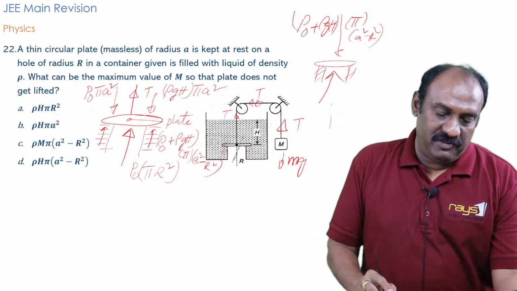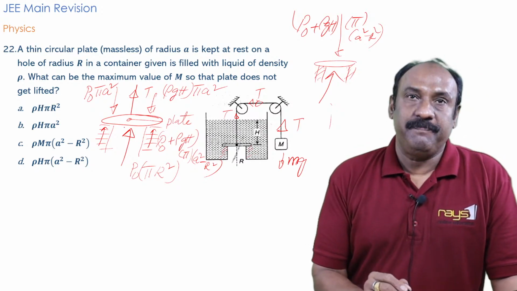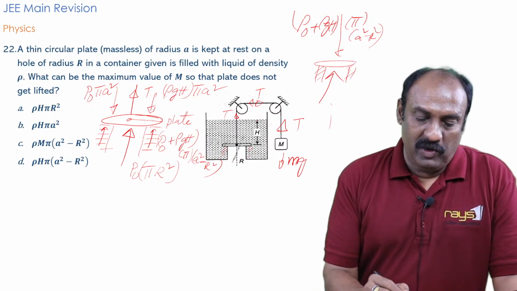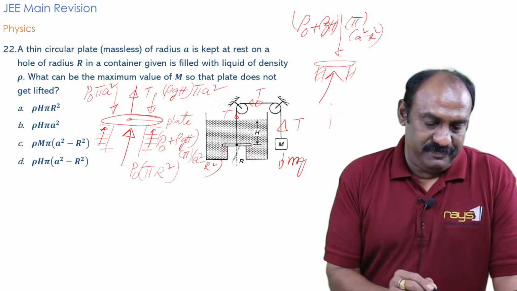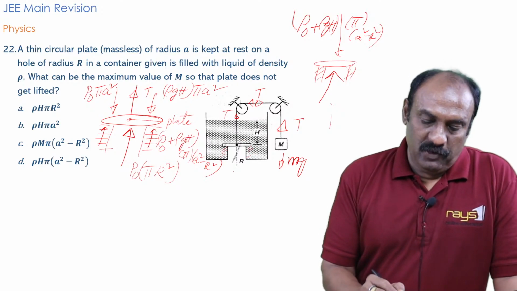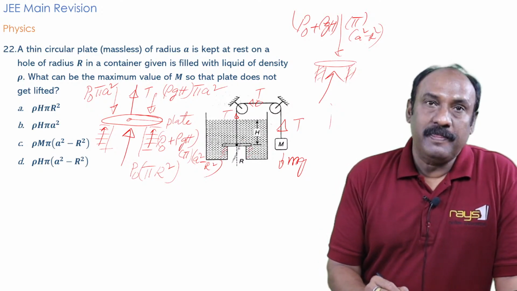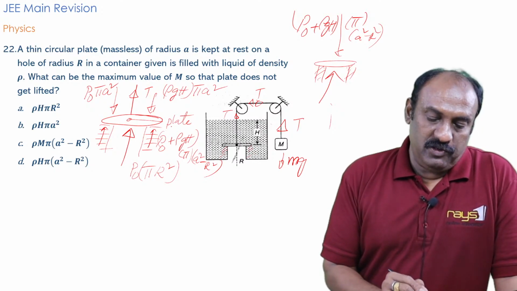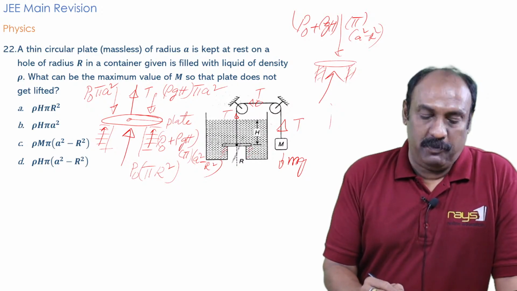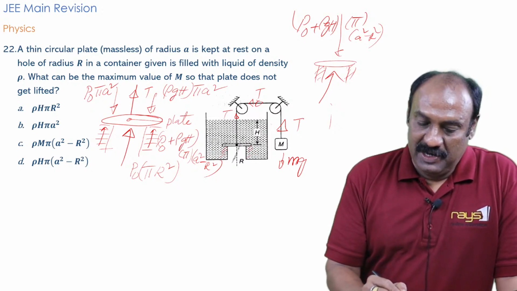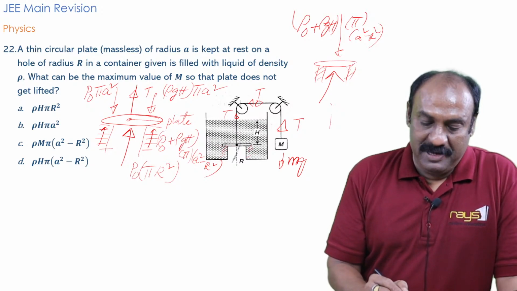So these are the forces acting on the plate: the downward force due to the atmosphere plus the downward force due to the h column of liquid layer. Tension in the string is in the upward direction, the force due to atmosphere on the area pi r square is upward, and the force due to this liquid column on both sides in the upward direction is P naught plus rho g h into the area of cross section of this part only, pi into a square minus r square.